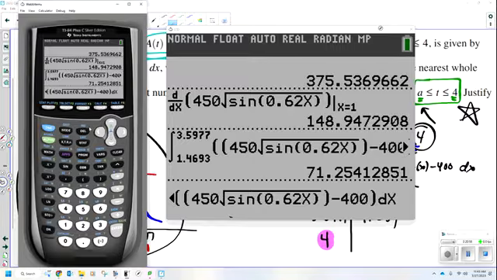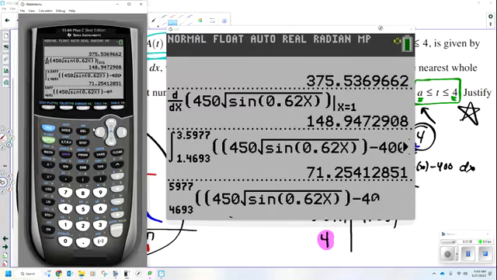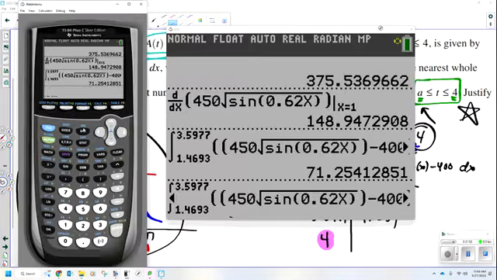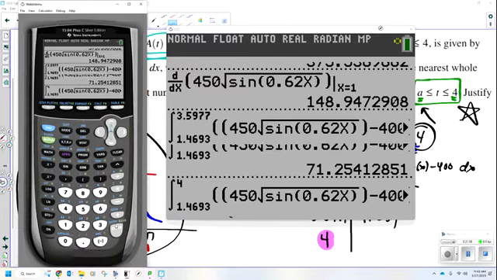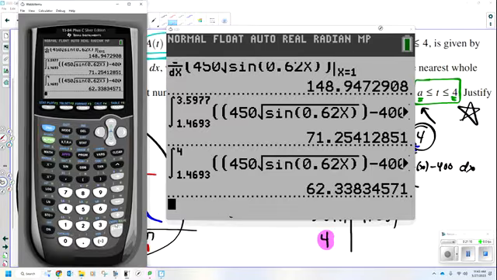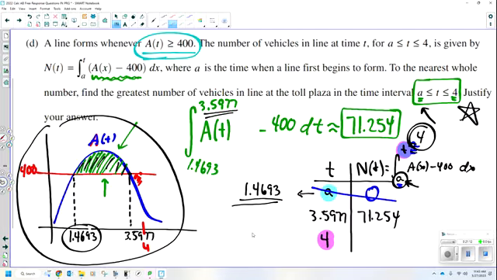I'm still using the same function, A of x minus 400, but my upper bound is going to be 4. The lower bound will still be the same. And I'm just going to hit enter. 62.338.